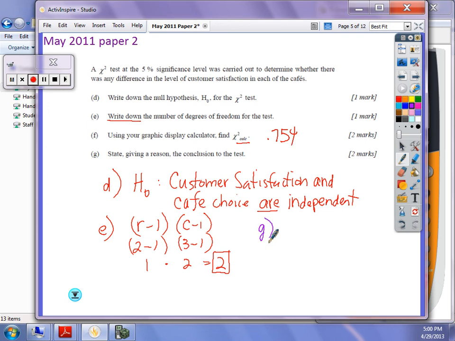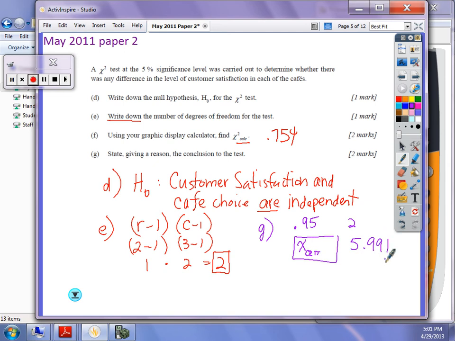Now we have to write a conclusion for part G. You need to go look at the table, and if you did not do this when you were practicing this paper, I want you to go find the table right now and look under where it says 0.95, and then you're looking at 2 degrees of freedom, and the chi-squared, we're going to call that the critical value, is equal to 5.991.